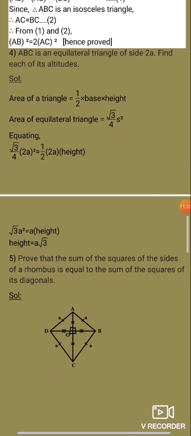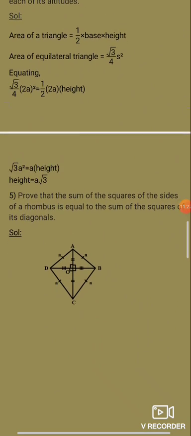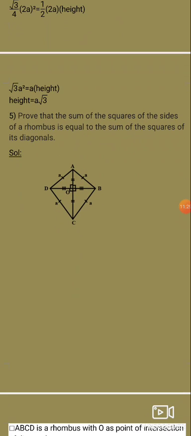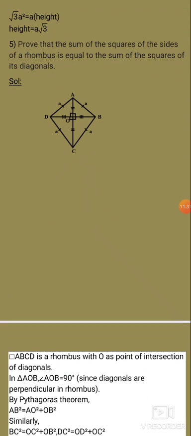Now next question. Prove that the sum of the squares of the sides of a rhombus is equal to the sum of the squares of its diagonals. Now listen carefully. This quadrilateral ABCD is a rhombus with O as the point of intersection of diagonals.